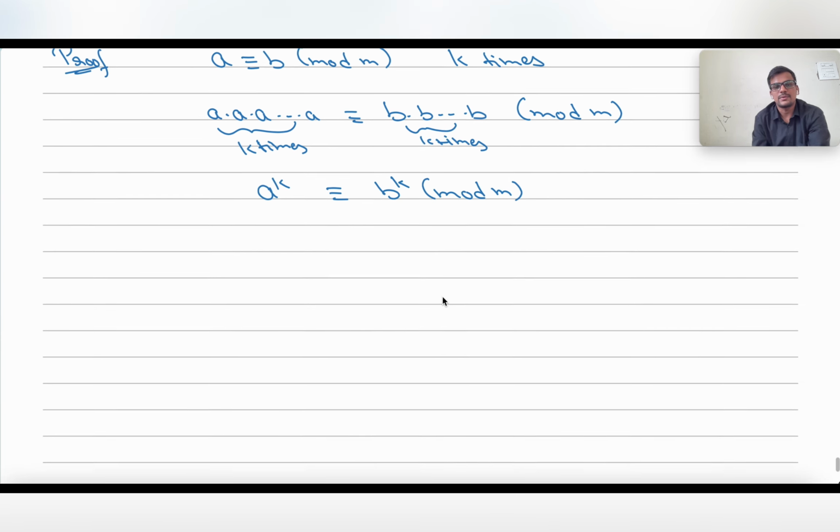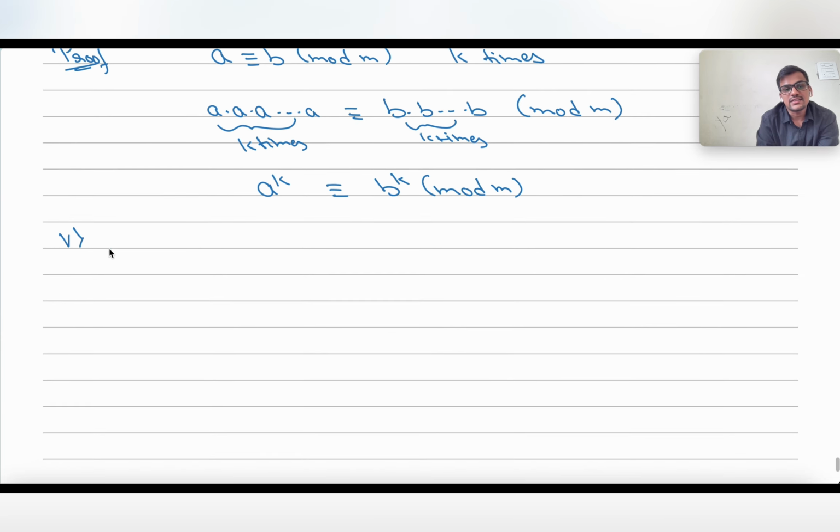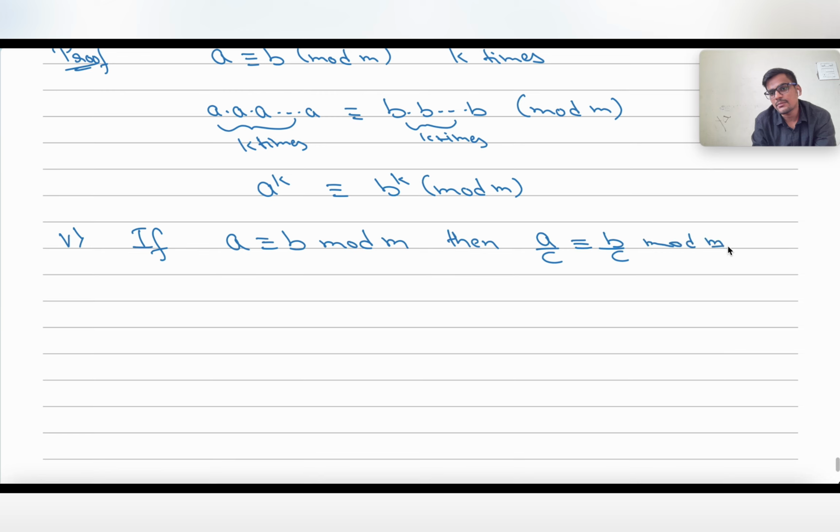Now move to the fifth property. We ask about divisibility, right? If A is congruent to B modulo M, then A by C is congruent to B by C modulo M by C, where C is a factor of A, B, and M also.